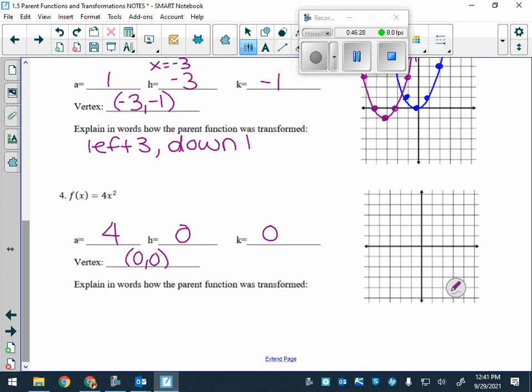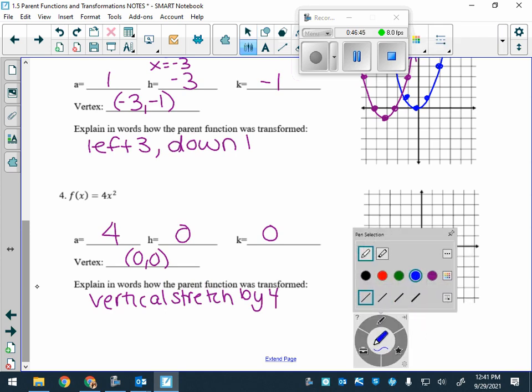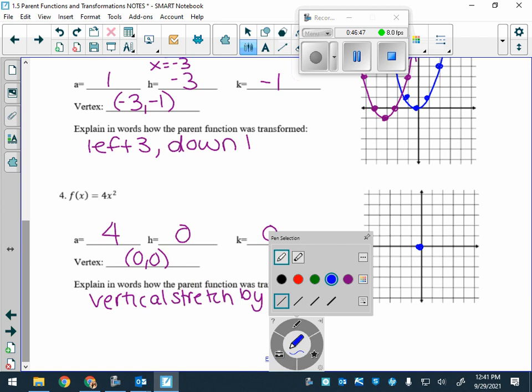Good. Vertical stretch by 4. Okay. So I'm just going to show you. The last thing we'll get to.